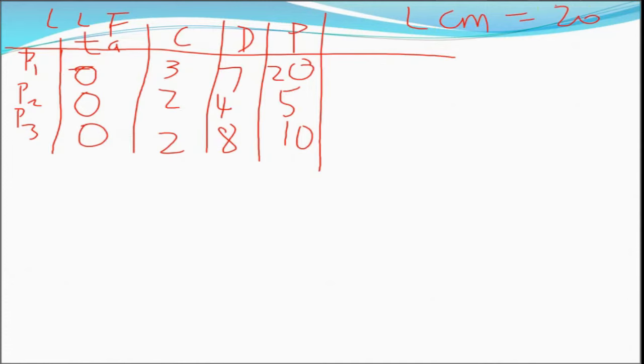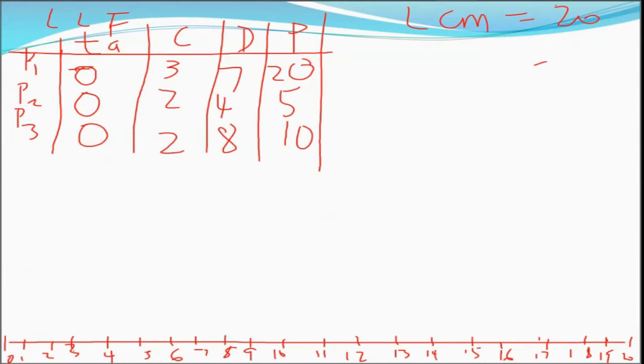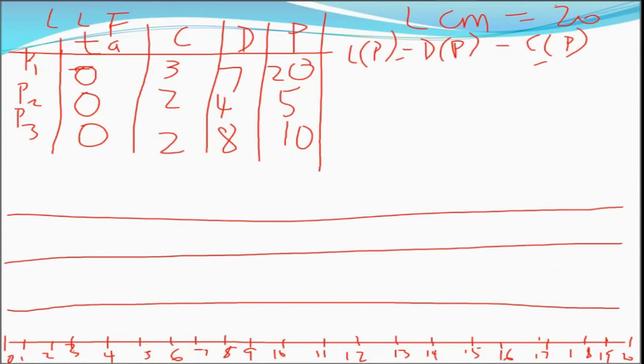So we go by our chart again. The laxity of a particular period is EP minus CP. Okay, something like this. So process 1, process 2, process 3.